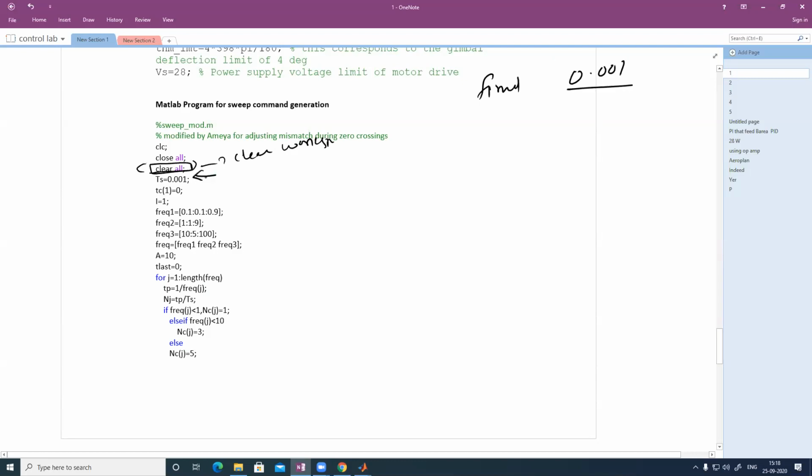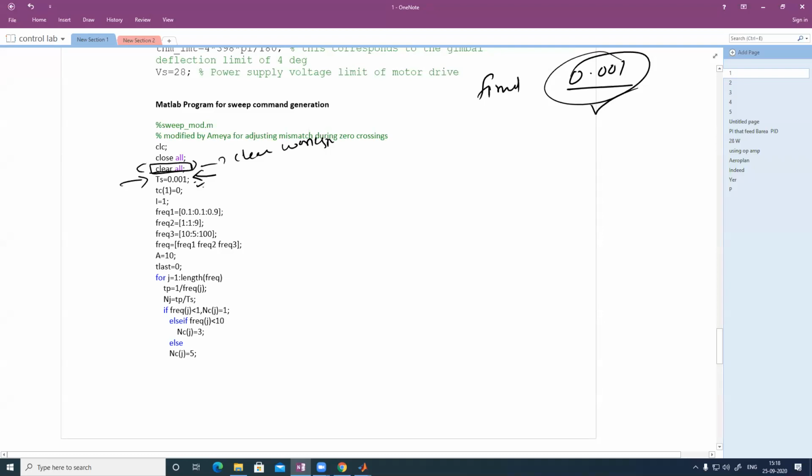That TS you have to give here, and if your system simulates with some other step it will give an error. So set the configuration parameters to fixed step, step size 0.001, Runge-Kutta 4, and TS also the same.